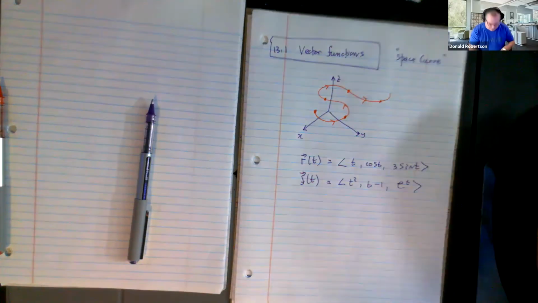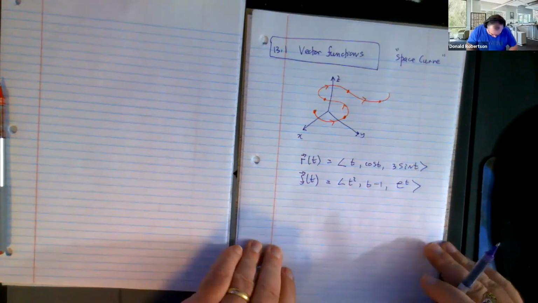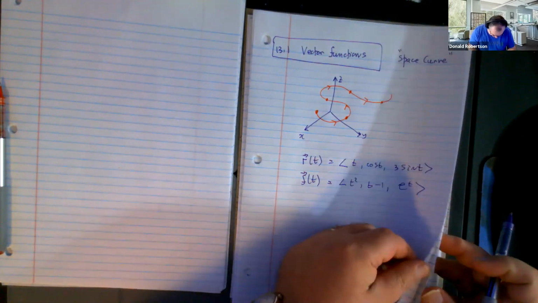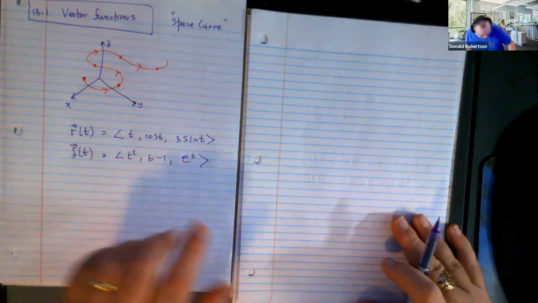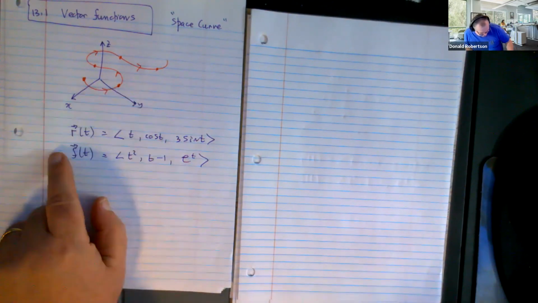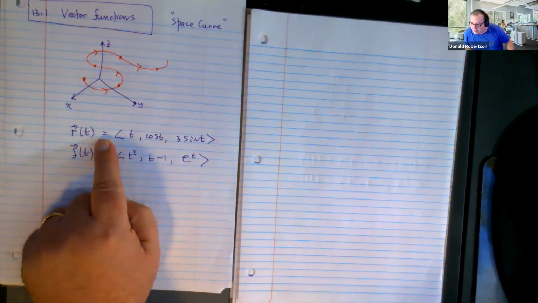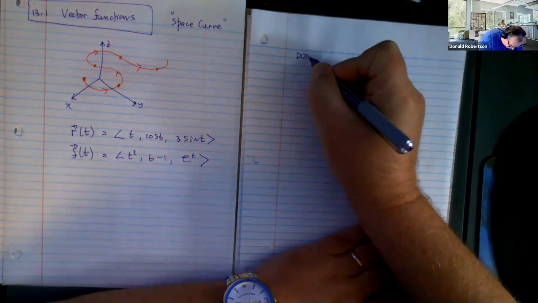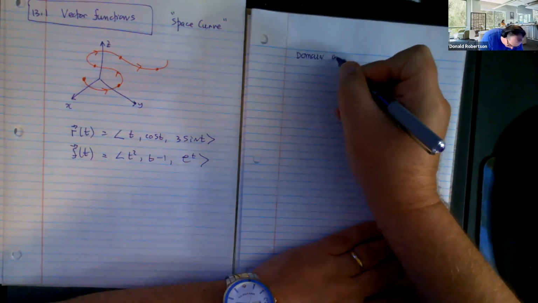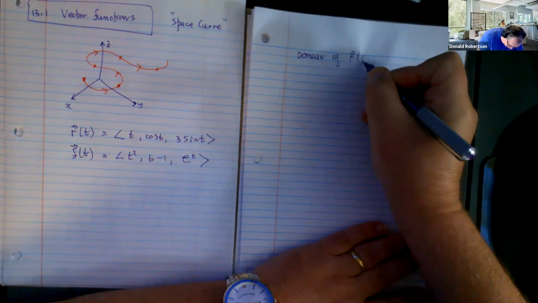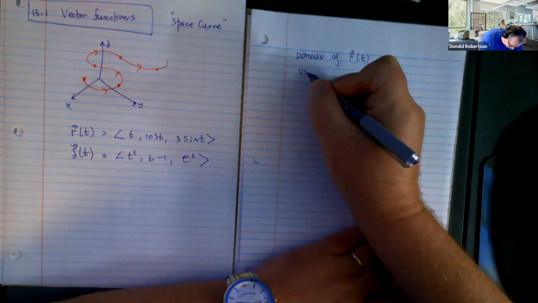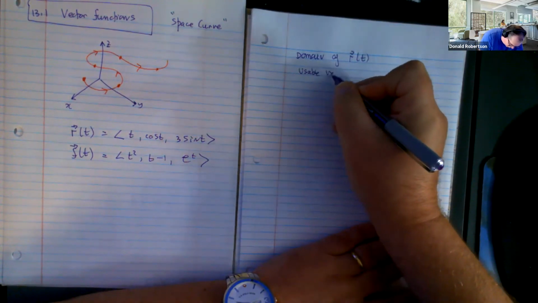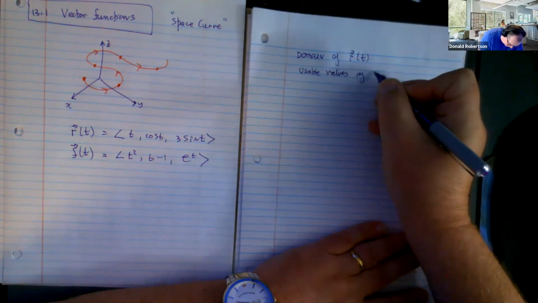So since we're introducing a new function, I think we should focus a little bit on some of the fundamentals of it. Vector functions in 3D are described like this. When you are asked to find the domain of a vector function, what you're looking for is the usable values of t.